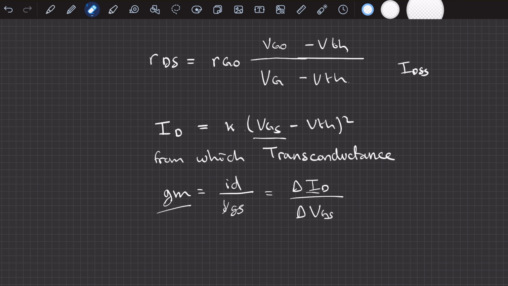And RDS, which is this one over here, and the main part of the equation that we're deriving, is the small signal drain source resistance. So that's basically the incremental resistance seen looking into the drain for small AC signals. The last thing, which is this constant K that I briefly mentioned, is basically the device constant.